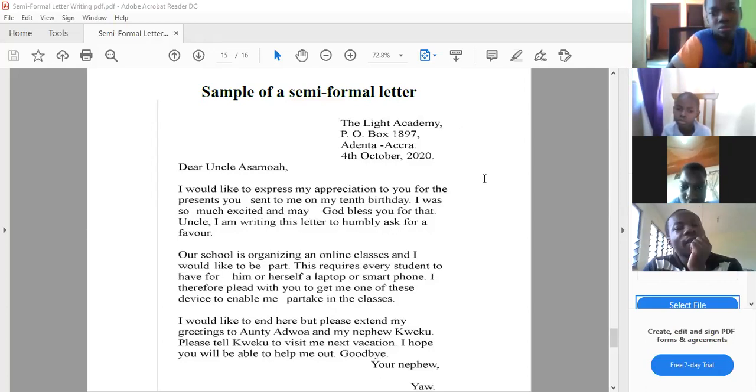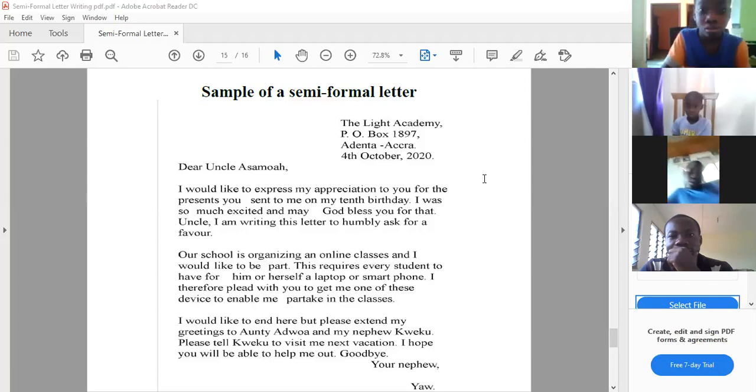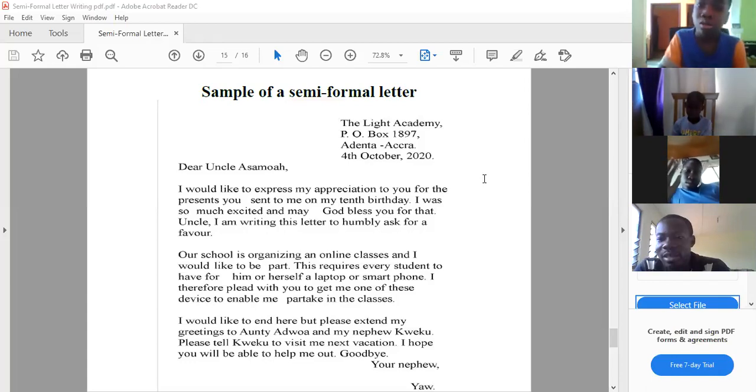Using the same example as Mauli, as Famin gave us, who can give me the address for that? What will be the address? Who can state an address for us? Yeah, Lodina.